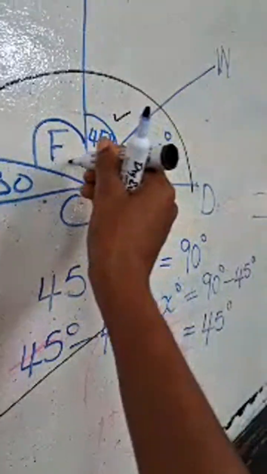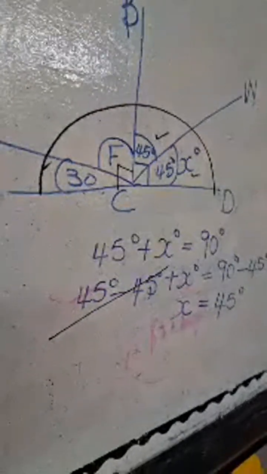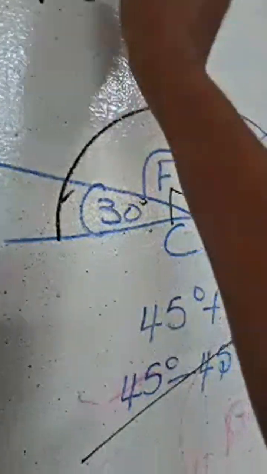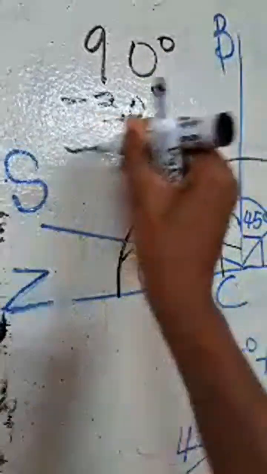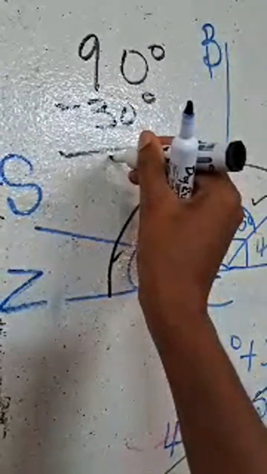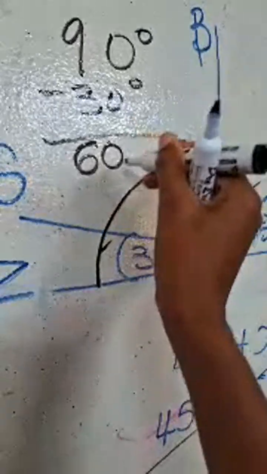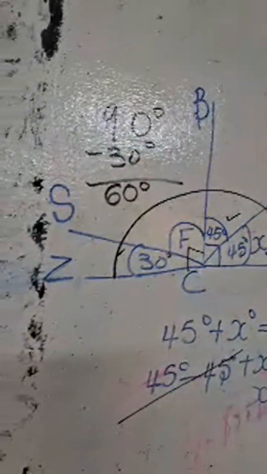Over here, all of that must be what? 90. So if we know that here is 90, we can simply write our 90 down and take away 30 from it. So we are left with 60 degrees.